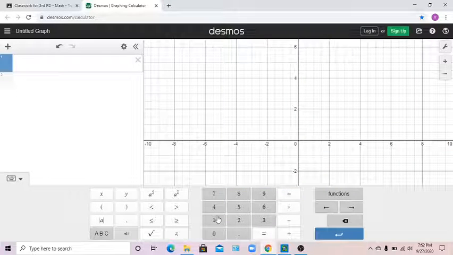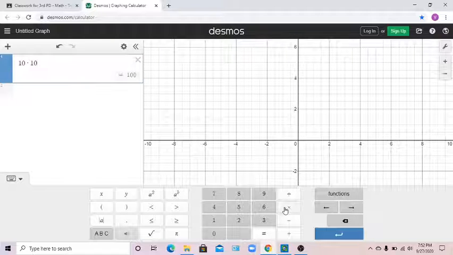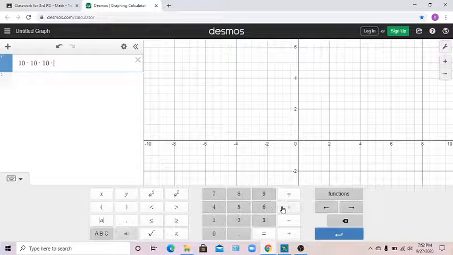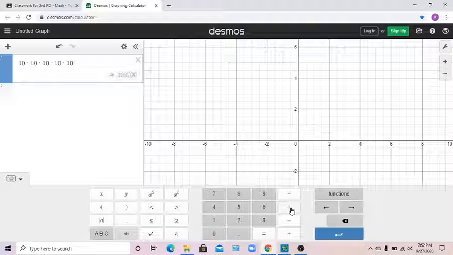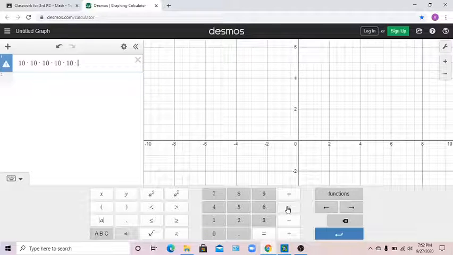I guess I didn't have to do that, but let's go ahead and start. 10 times 10 times 10, there's 3, which has 3 zeros, times 10, 4 zeros, 10 multiplied by itself 4 times, times 10, added another zero, 5 zeros, let's multiply by another 10.